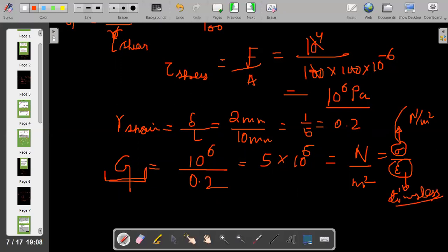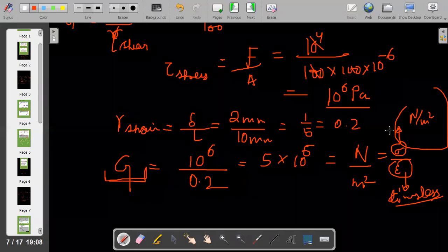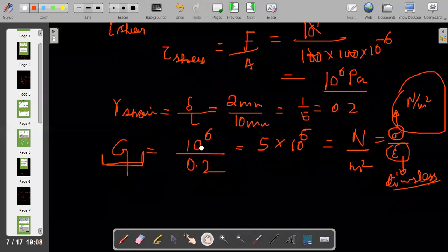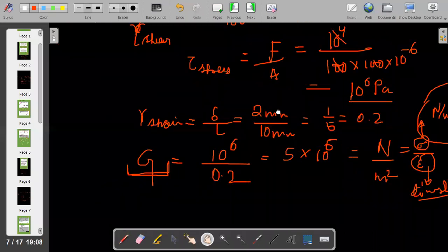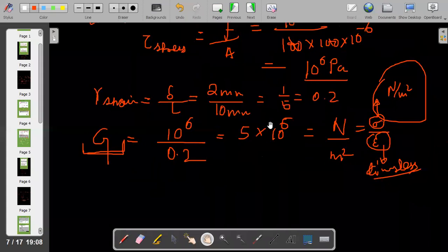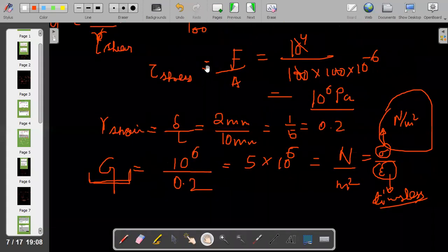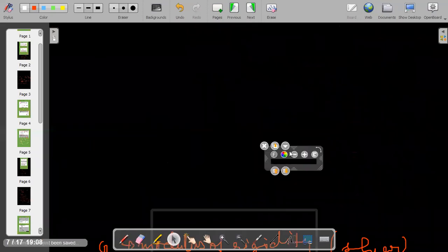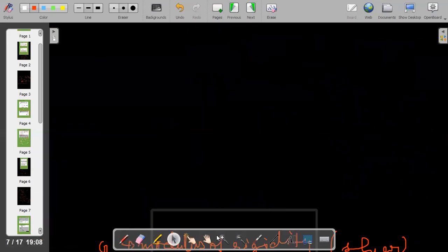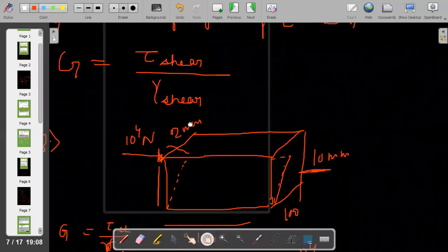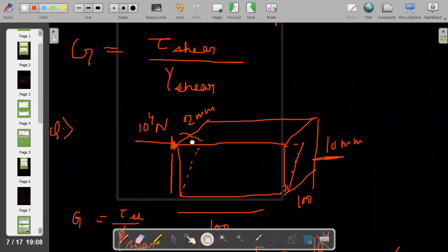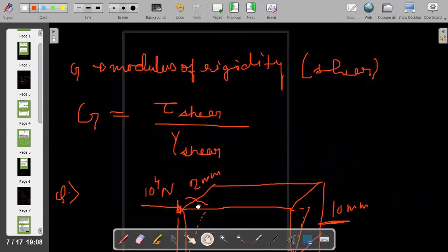So the overall unit will be Newton per meter square. Is this clear? Any doubt about G? No, sir. Okay.